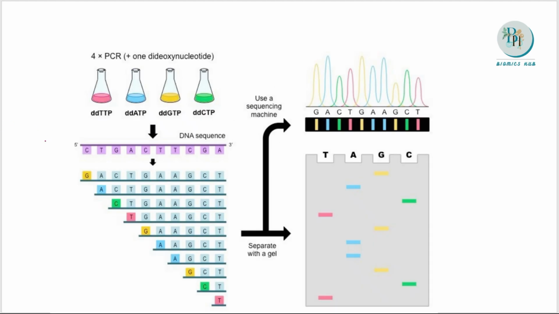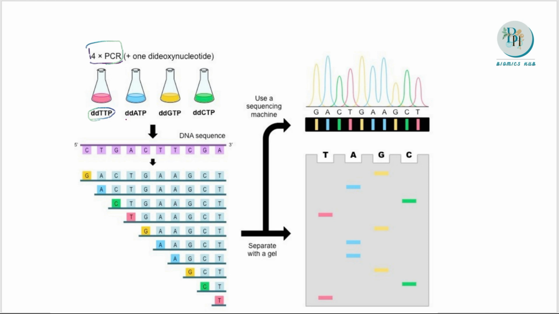The next thing which is done: suppose we have a stretch of DNA and we want to know its sequence. We first have to do a PCR kind of reaction. That is, 4 PCR reactions will be done. Along with it, in each tube there will be ddNTPs added. Here you can see that in the first tube the ddTTPs are added, that means dideoxythymine triphosphate.